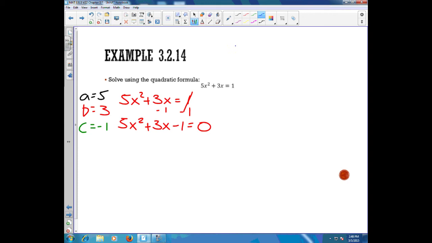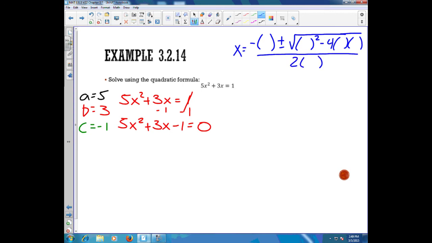And so if we use the quadratic formula, negative b plus or minus the square root of b squared minus 4 times a times c over 2 times a. a is 5. b is 3.